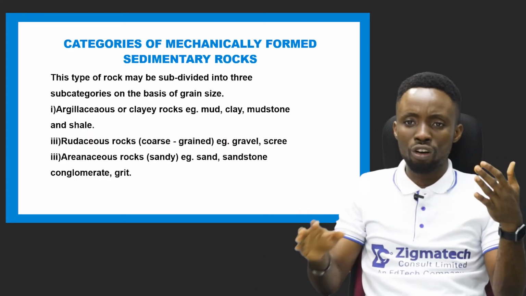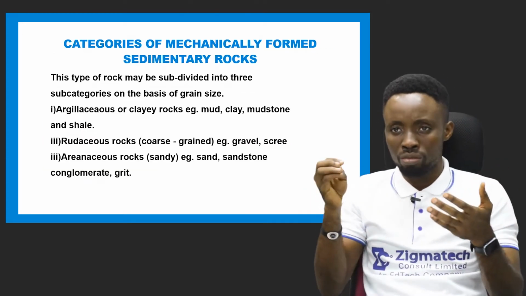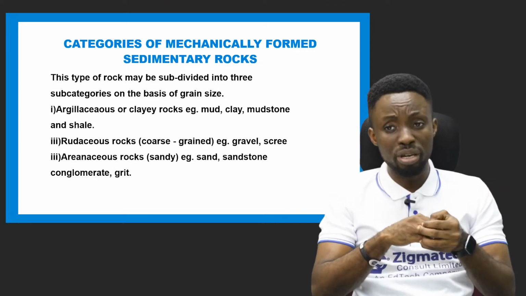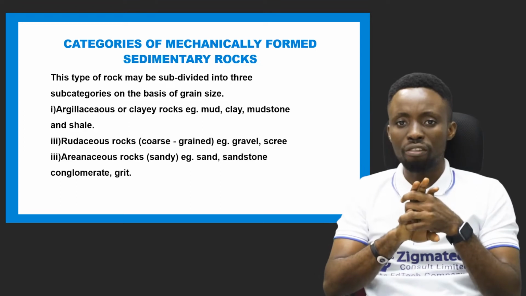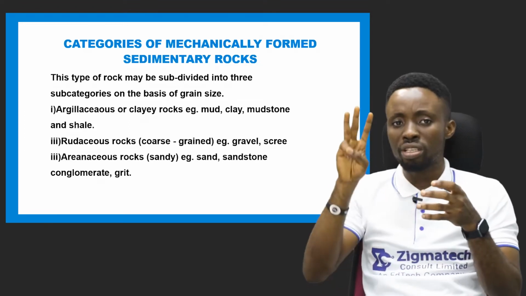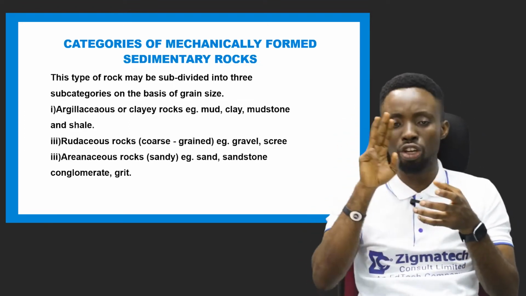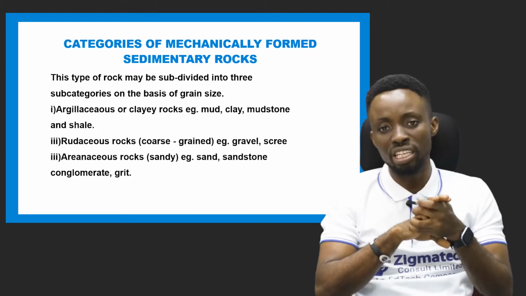Then for the categories of mechanically formed sedimentary rock, we have three categories. The first one is the clayey rocks, the second one is the one that is coarse in nature, and the third one is sandy in nature.